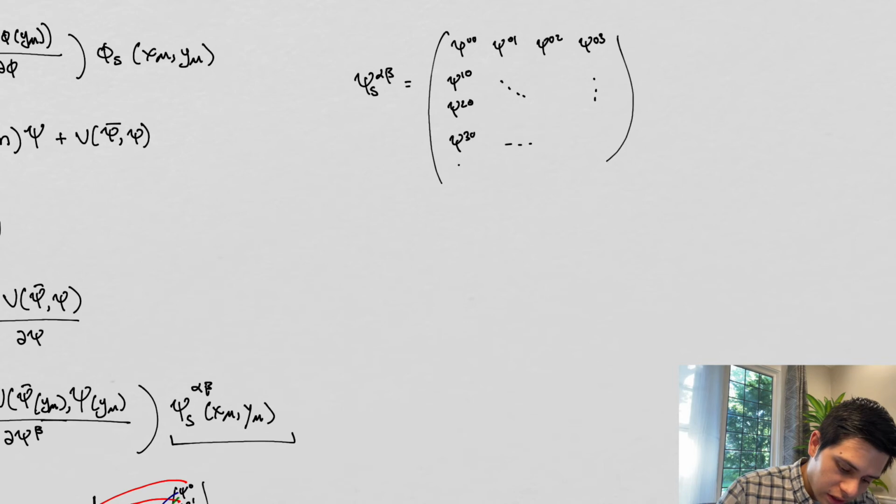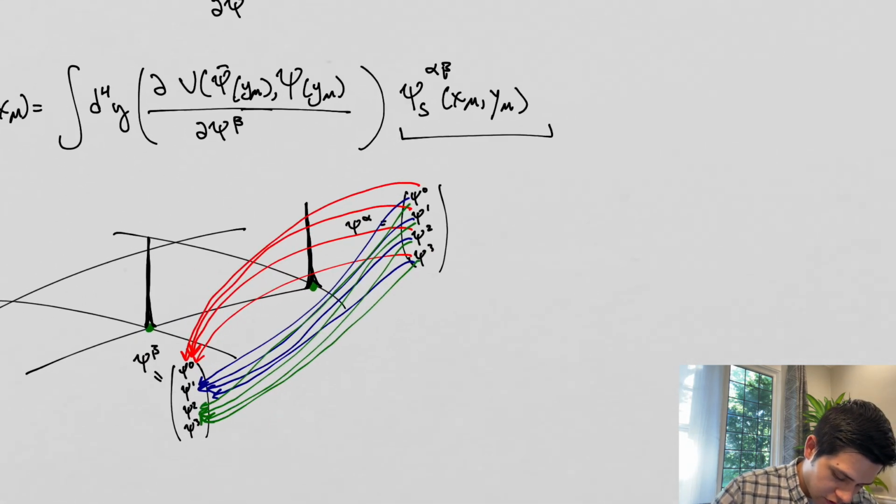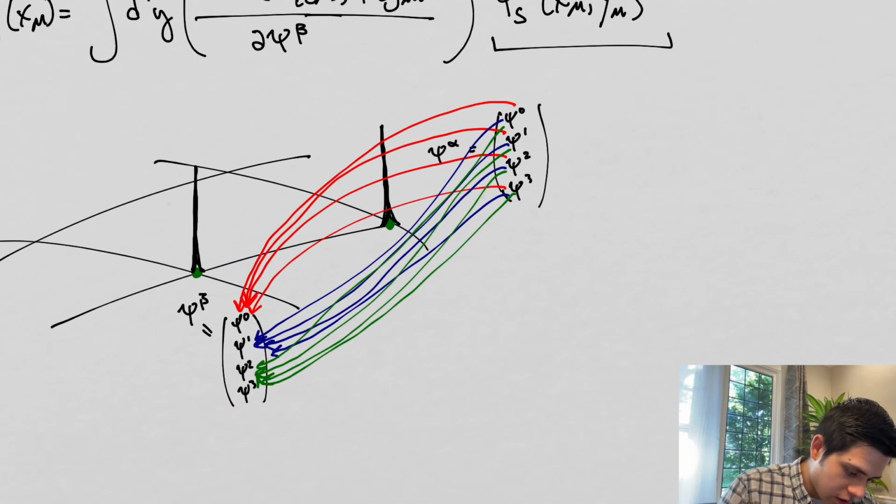Where, say, this 3, 0 interaction is the interaction between this here and this one right here.